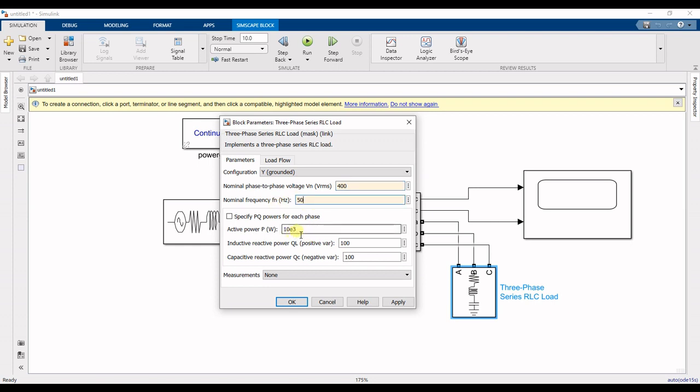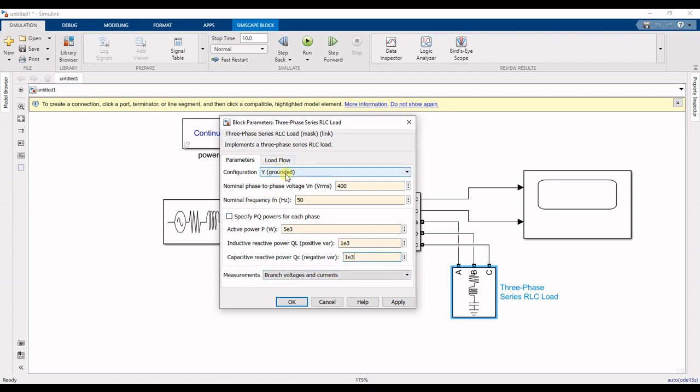The active power of the load should be less than the generator, so it can be 5 kilowatt. However, the reactive power of the system can be 1 kilowatt positive and 1 kilowatt negative. Now we save the changes.